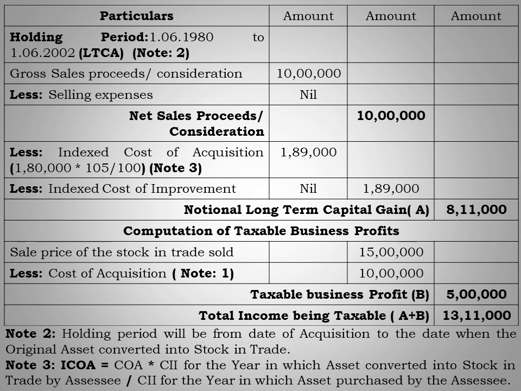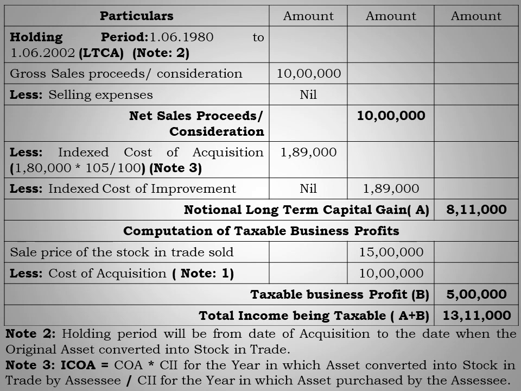So here comes the practical problem: we have to consider the multiplier of the cost inflation index not of the current year but of the year in which the asset is converted into stock in trade, and the asset is converted into stock in trade in the year 2002-3.